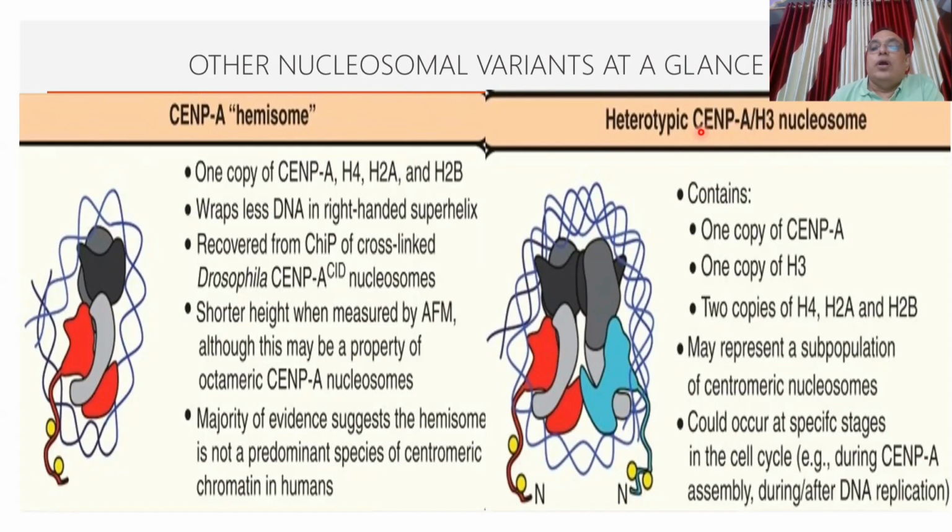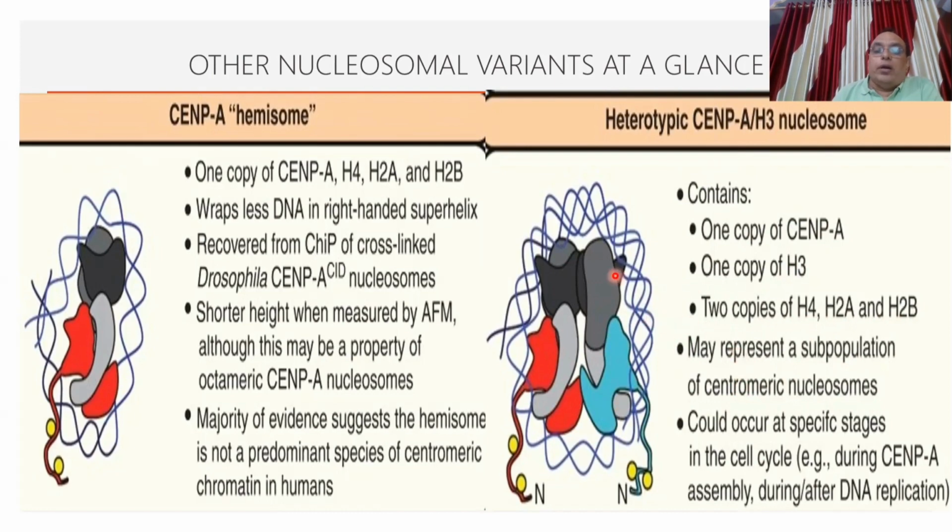CENP-A was a variant of H3 and has replaced H3 in most of the chromosomes, but in some heterotypic cases, CENP-A as well as H3 are both present and they form a dimer and subsequently an octamer. So 1 copy of CENP-A, 1 copy of H3, 2 copies of H4, H2A, H2B may represent a subpopulation of centromeric nucleosomes.